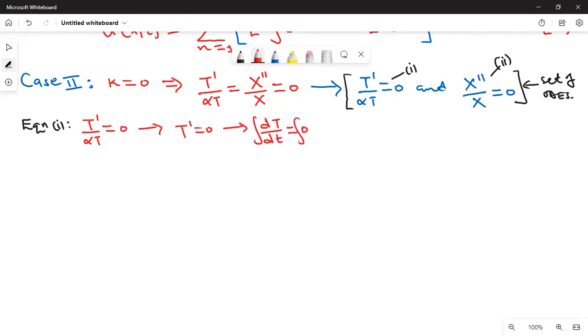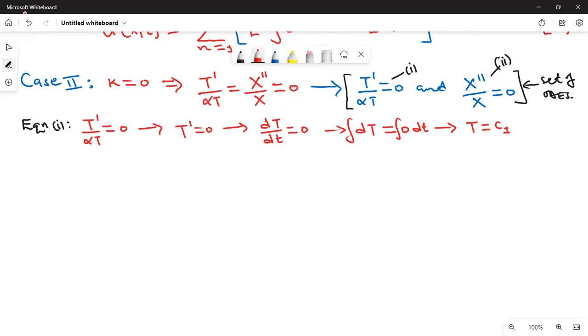Remember we're integrating with respect to t, so let me rewrite it. This can be written as dT is equal to 0 dt. Then you now integrate both sides. So we are going to get T is equal to a constant of integration. Call it C1.